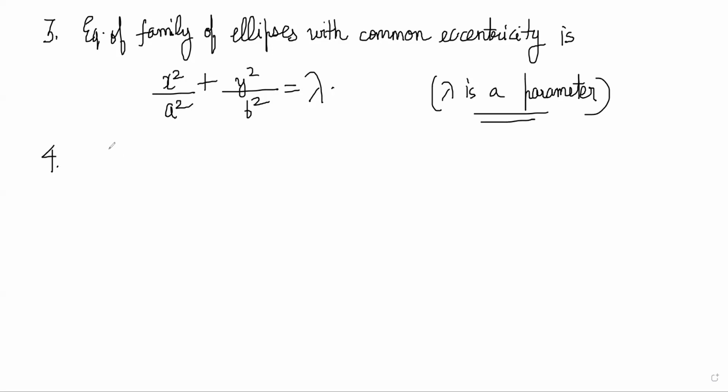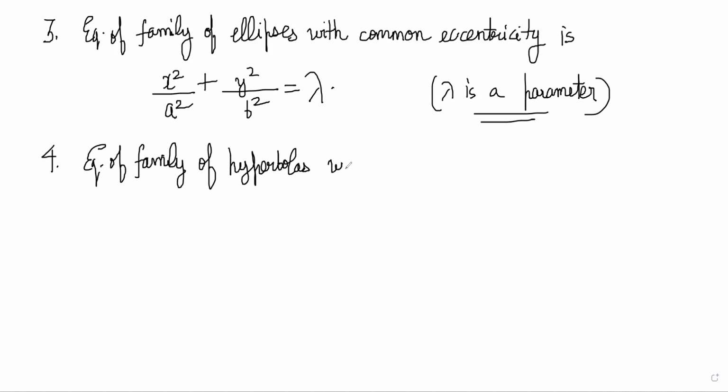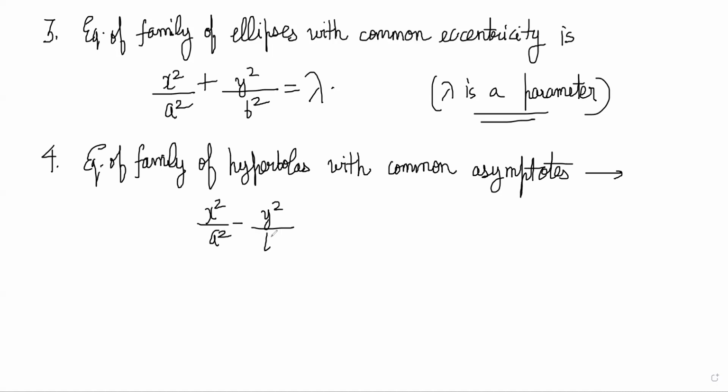Similarly, equation of family of hyperbolas with common asymptotes will be basically x square by a square minus y square by b square is equal to lambda. This is the equation of the common asymptote hyperbola, right?